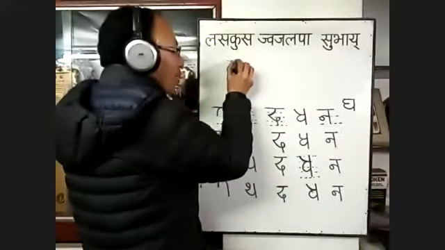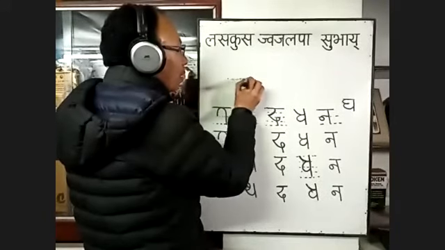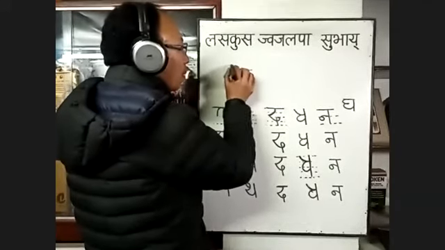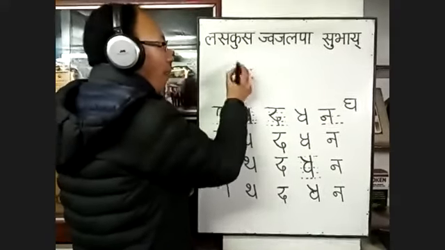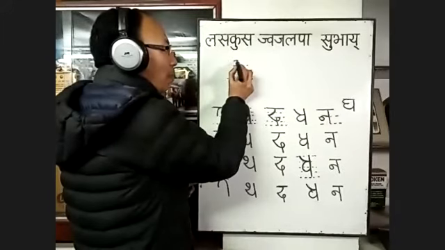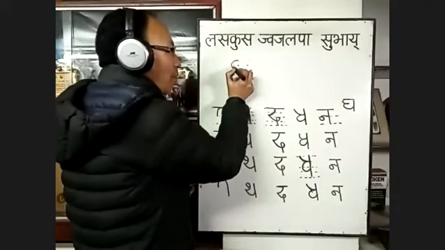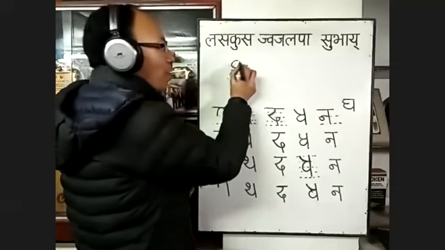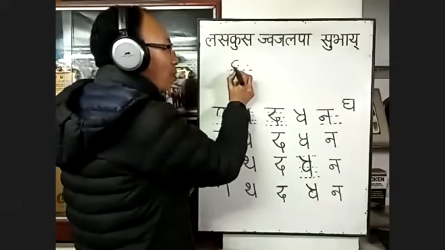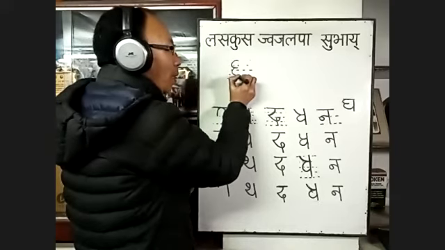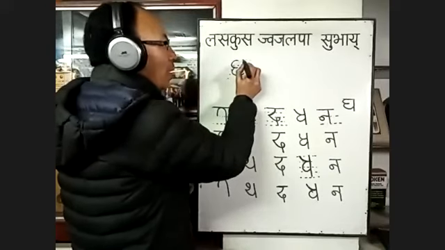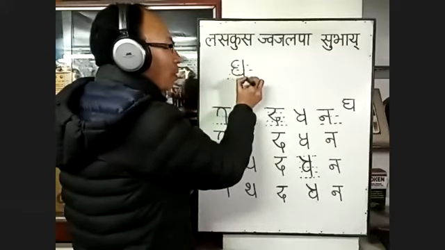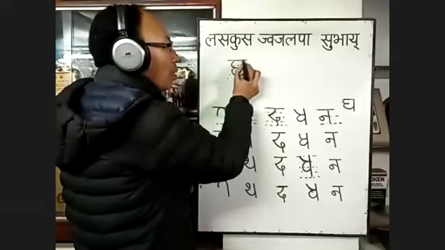This one is, so how you write is first you come from here and make a half circle here up to in the middle of the 25% and 50%, and then again go down and then at the 75% and then come a little bit up and then draw a line down. This is Gha.